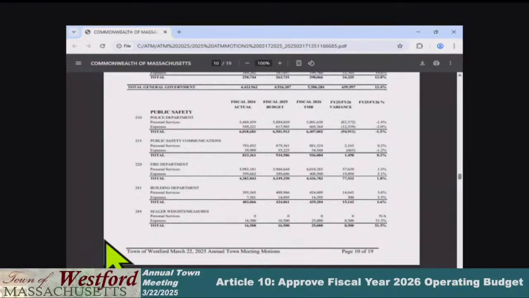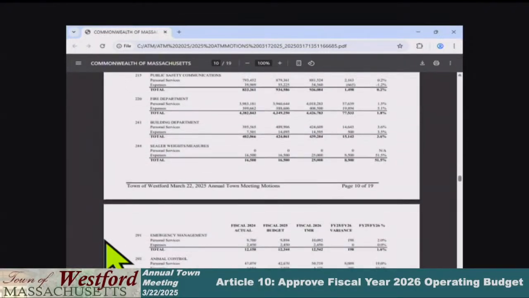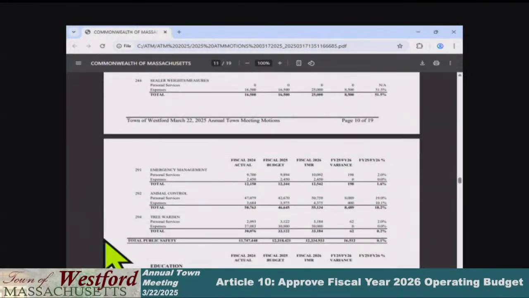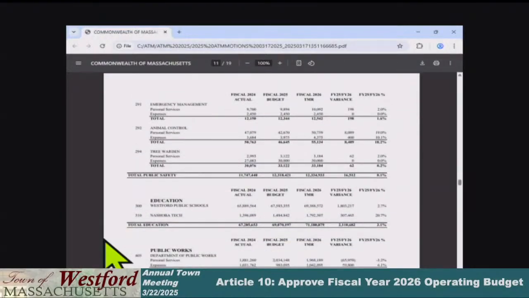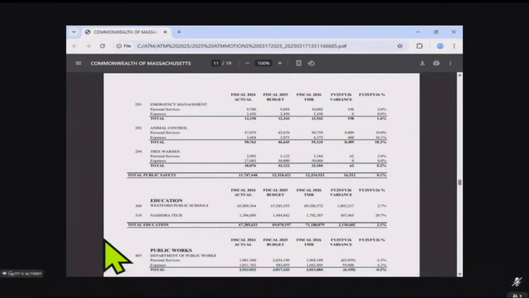Building department, $439,204. Sealer of weights and measures, $25,000. Emergency management, $12,542. Animal control, $55,134. Tree warden, $33,184.